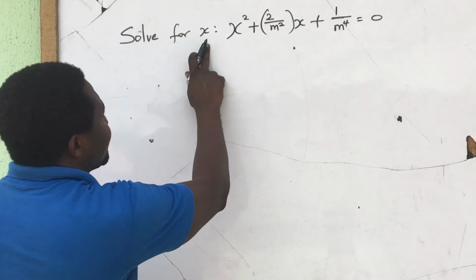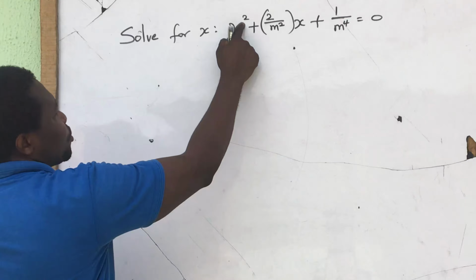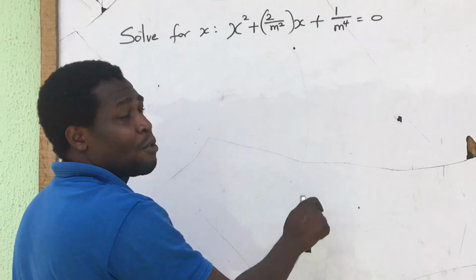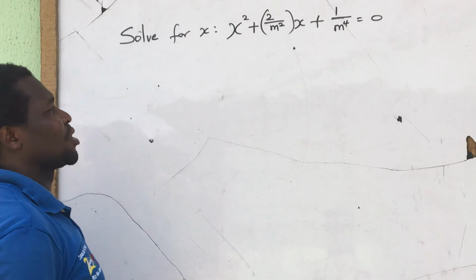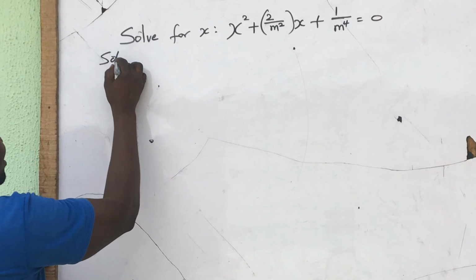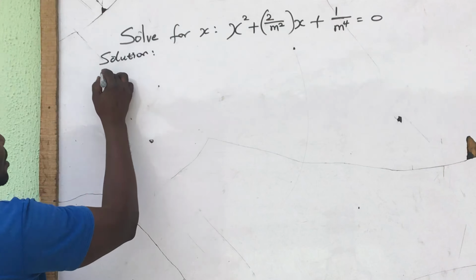So for x squared plus 2 over m squared x plus 1 over m raised to power 4 equals 0, it's also a quadratic equation that's going to lead to a perfect square. Let's solve this together.